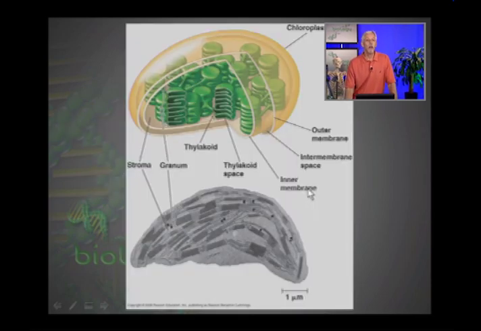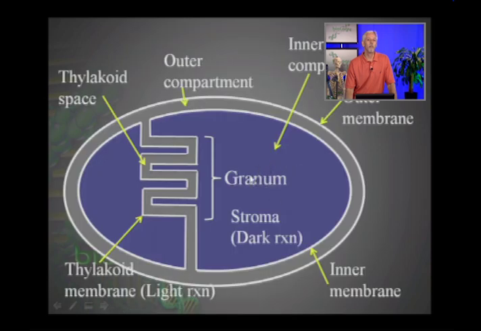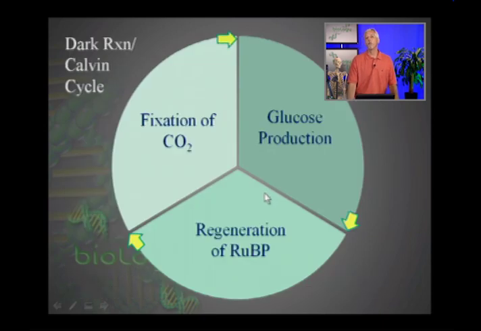Now the dark reaction is going to be taking place in the stroma of the chloroplast, so not within the thylakoid membranes or space, but outside of those. So it's going to be in this area. And essentially this is a bag of enzymes. And so the Calvin cycle is an enzymatic cycle. There are essentially three parts to this cycle.